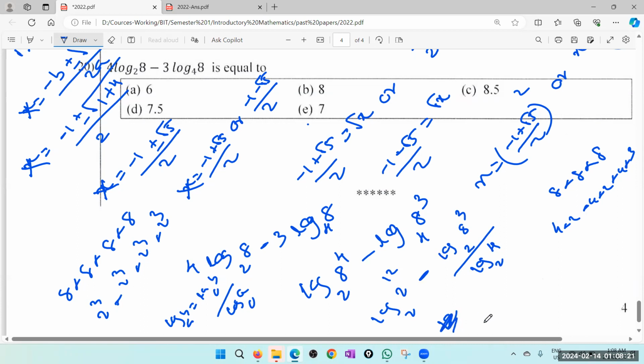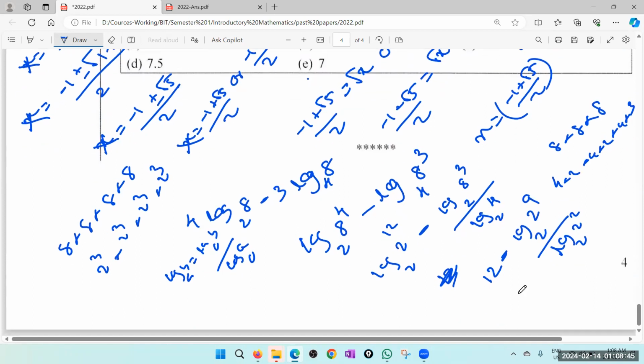This is 12. So therefore 12 minus log 2 of 8 to the power 3, 8 is 2 to the power 3, 2 to the power 3 to the power 3 is 2 to the power 9, divided by log 2 of 4, 4 is 2 to the power 2. Now I have the 2 to the powers. So when your base is 2, the power of 2 is your final answer.